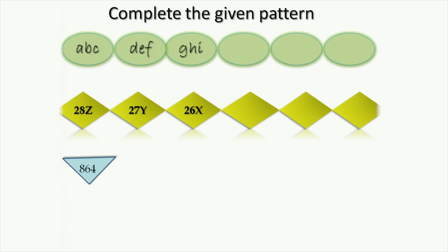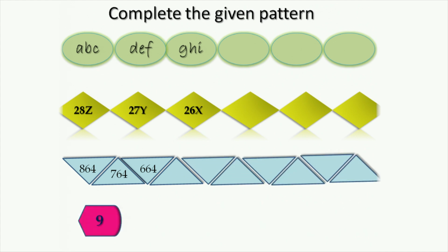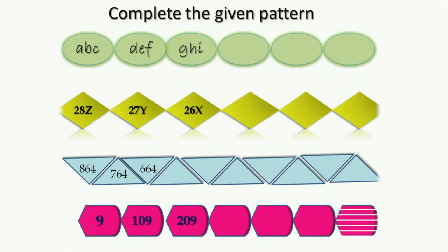And then in the next pattern I have given some numbers, and in this I have added something somewhere, and then you have to complete this pattern. And in the next pattern, 9, 109, 209, now you have to think what will come next.